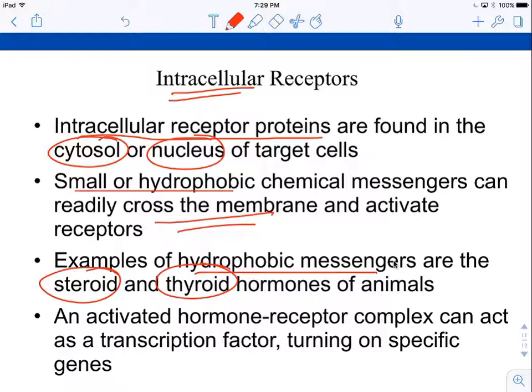The hormone will get into the cell, find its receptor inside the cell, and then become a hormone receptor complex. This can act to trigger a cellular response. A lot of times these act as transcription factors, which are used to turn on genes.